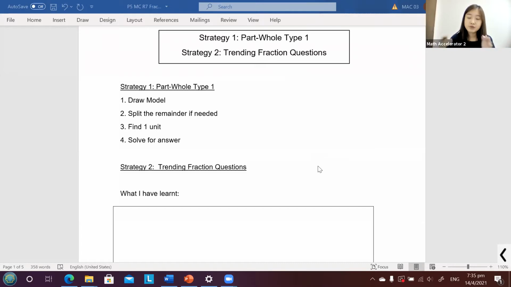And if there is a remainder, be careful of the fractions. How many units must you cut? So you have to read the question carefully. Later on, I'll show you how you know what to cut in your model. If you cut the model correctly and split the remainder correctly, you'll be able to find the connection, find 1 unit and solve for the answer.